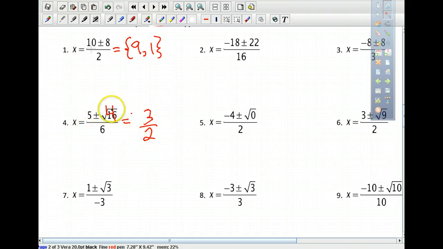Now, 5 minus 4 is 1. 1 over 6 doesn't reduce. There's our two answers, and braces.